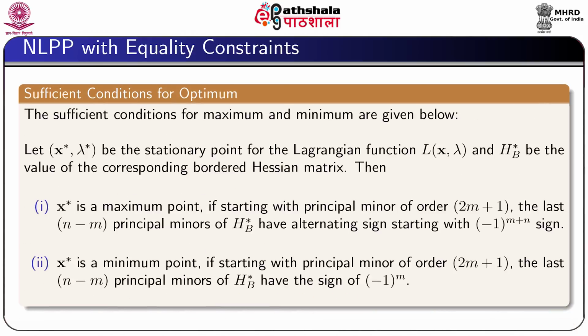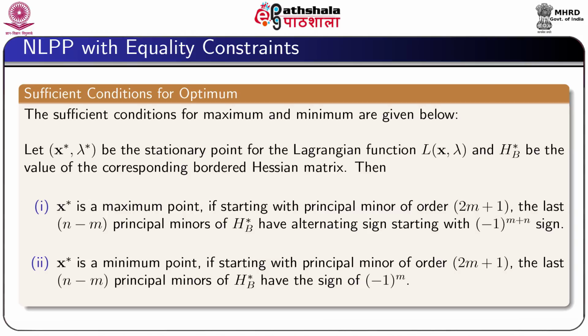The sufficient conditions for maximum and minimum can be stated as given below. Let (x star, lambda star) be the stationary point for the Lagrangian function L and HB star be the value of the corresponding border Hessian matrix.